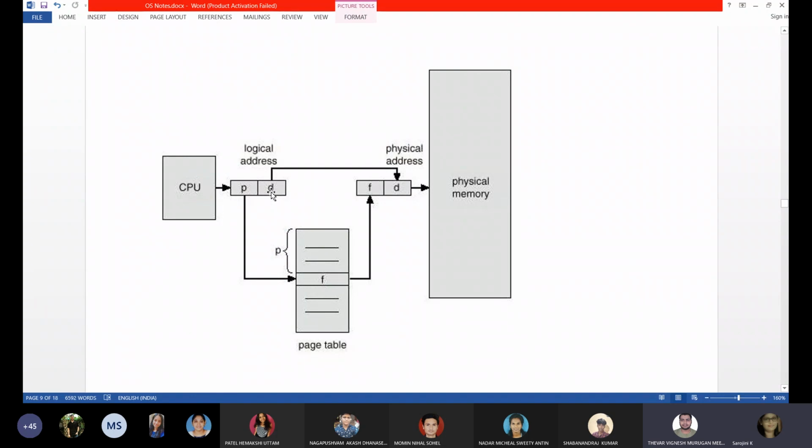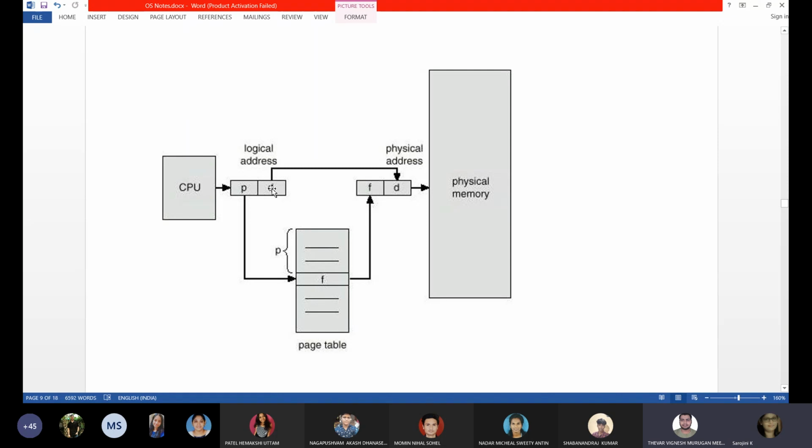That address is called the offset. Here they have given D because this is generally called displacement. We will call this an offset.